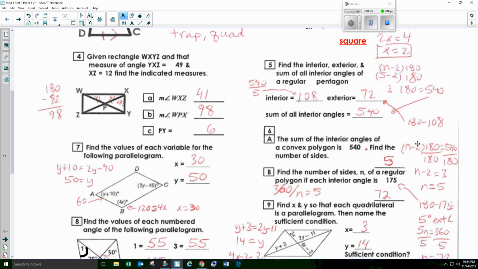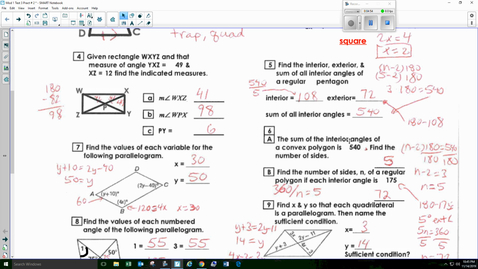That's always the sum of the interior angles, whether it's a convex polygon or a regular polygon, okay? So again, n minus 2 times 180 equals 540. Divide by 180 on both sides, and you get 3. Add the 2 across, n is 5. So it's the exact same thing. It's a pentagon, which we could have gotten in this case for this practice one. You see the 540 and the 540 right there, so you know it's a pentagon.